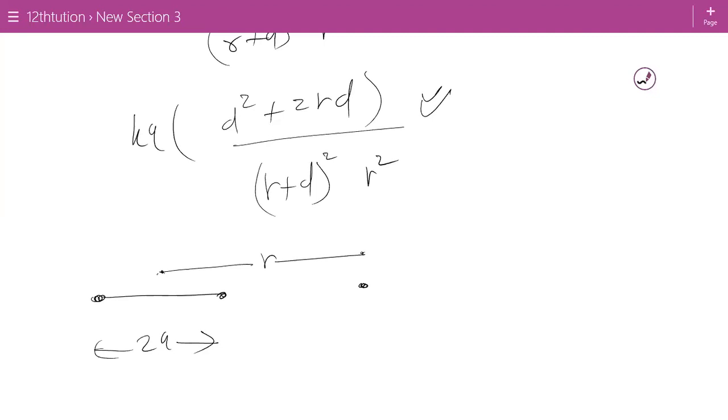Okay, tell me the electric field at this point. What will be the electric field formula at this point?